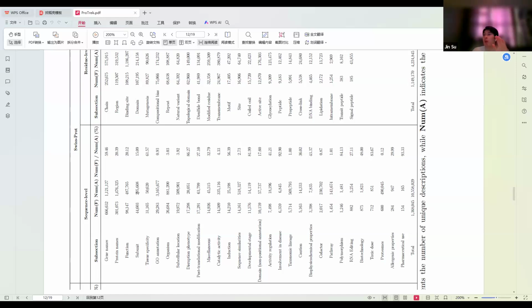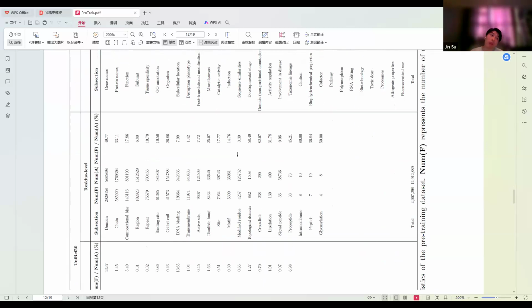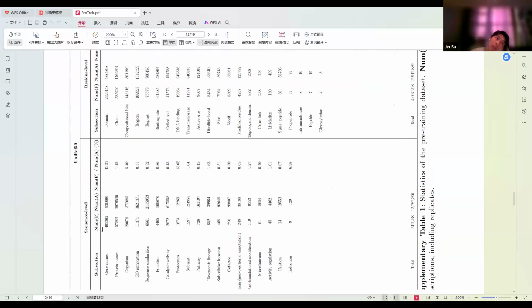In our experiments we found that if you train with Swissport, it may not overfit because the text diversity in Swissport is enough. But if you train only with UniRef50 data, it can overfit.